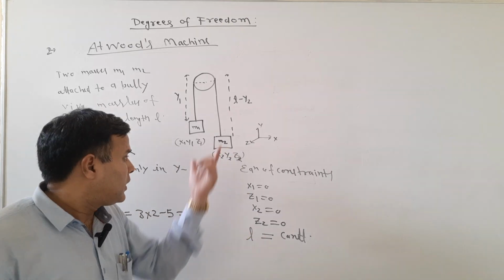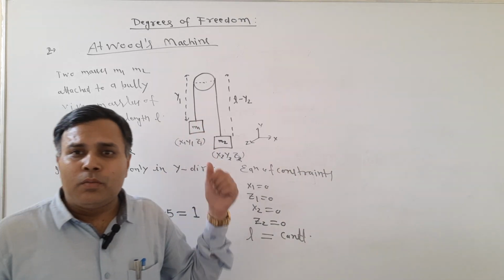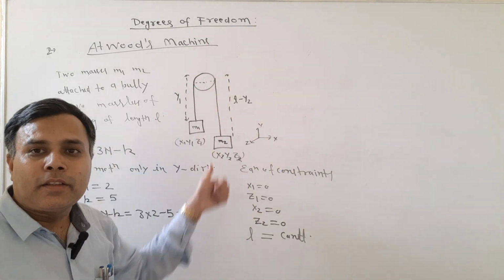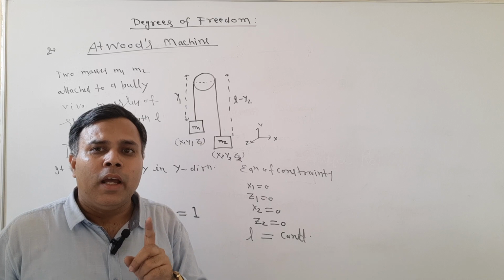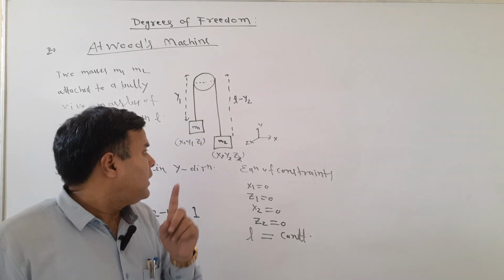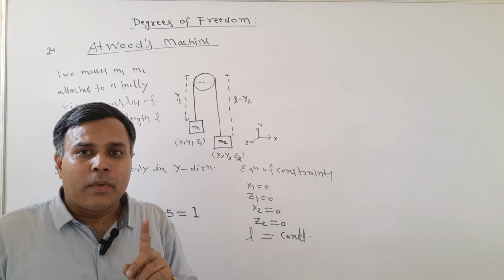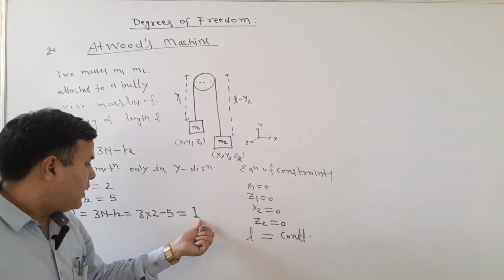But here, physically we can see that this Atwood's machine has motion only in the vertical direction, one direction, so it has only one independent motion. That is why this Atwood's machine has 1 degree of freedom.